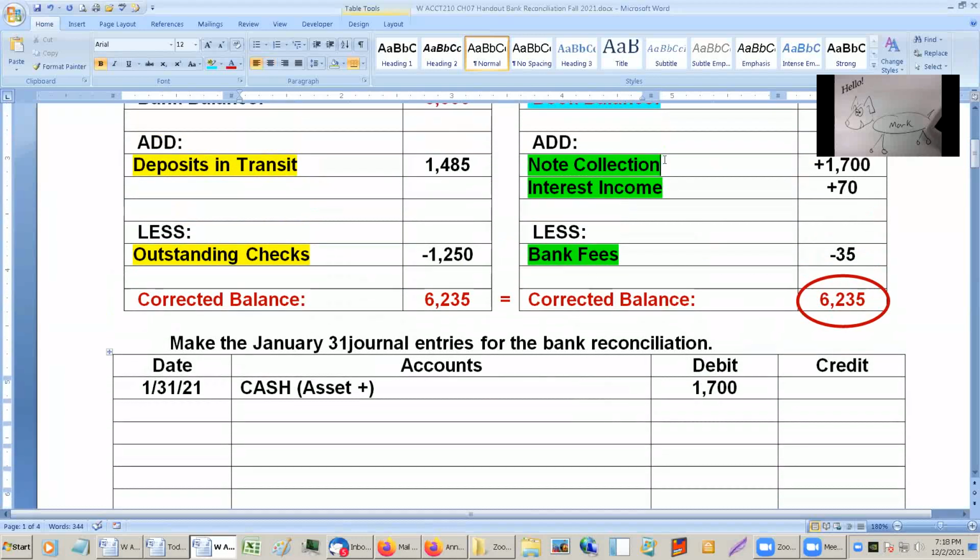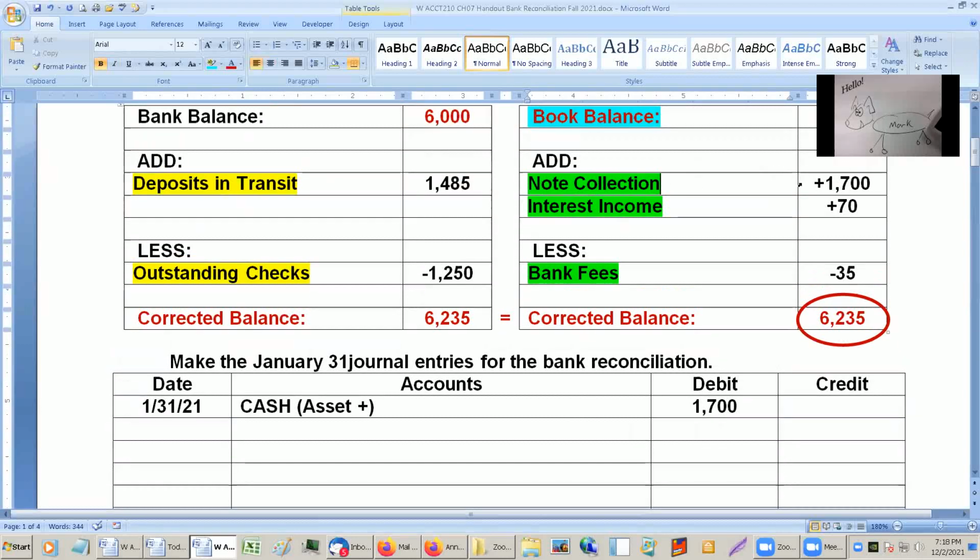Now let's think about this for a minute here, this note collection. So this would be a notes receivable, kind of like accounts receivable. So we had a notes receivable on the books for 1,700. Now that they paid us, they don't owe us anymore, right?